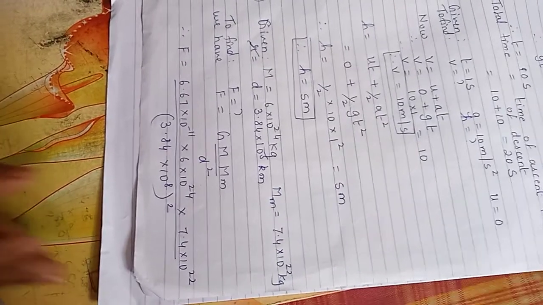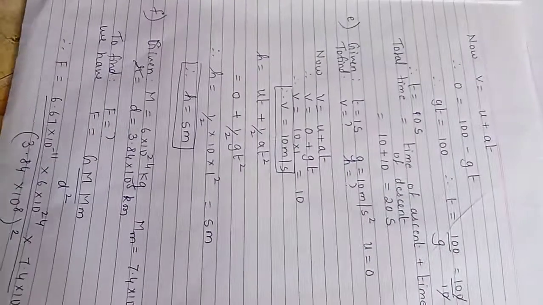Okay. Approximations will be used here. We will not sit and calculate and waste our time. I'll show you how to do it. First, bring the powers to one side.